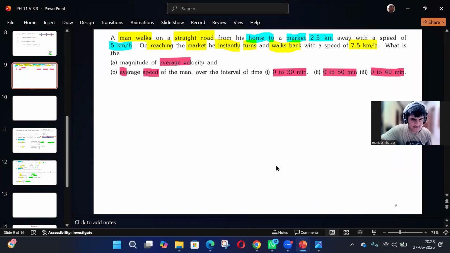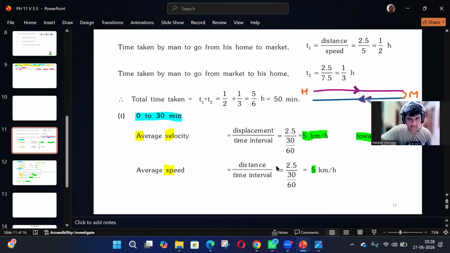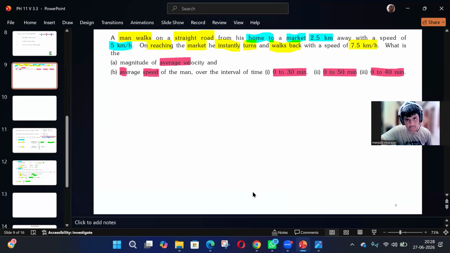Is the answer six, sir? The magnitude of average velocity. No, do it again, wrong.